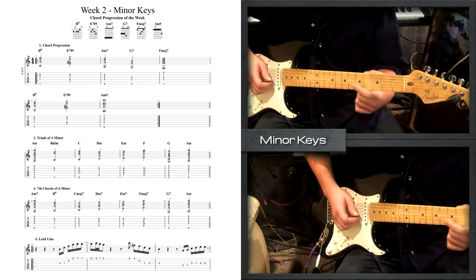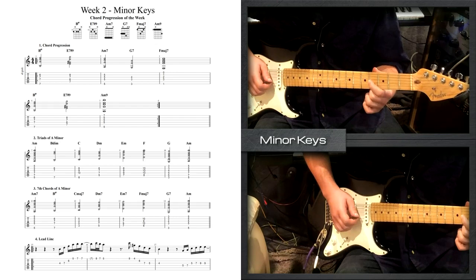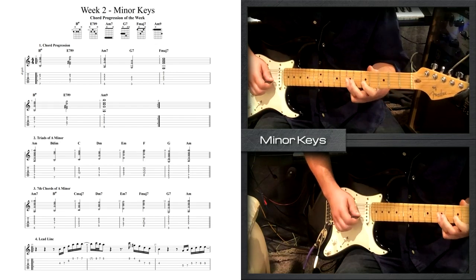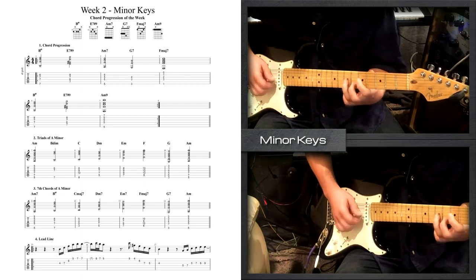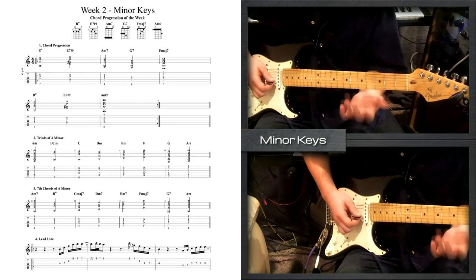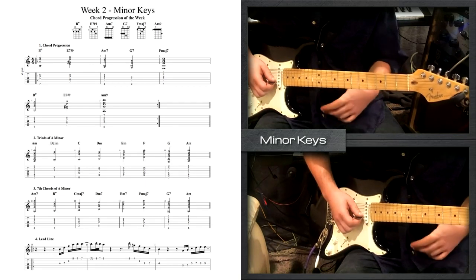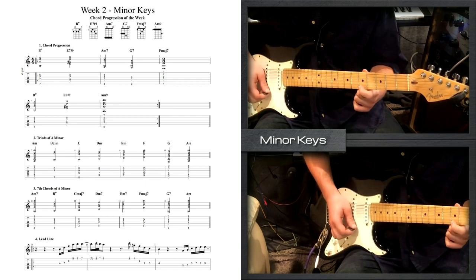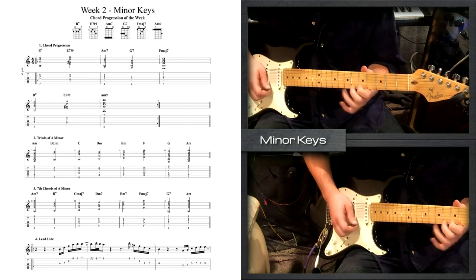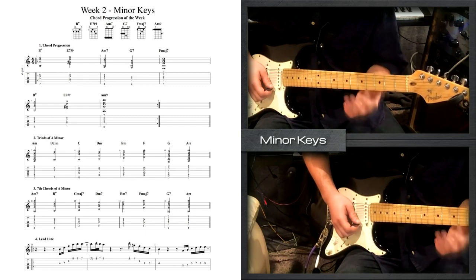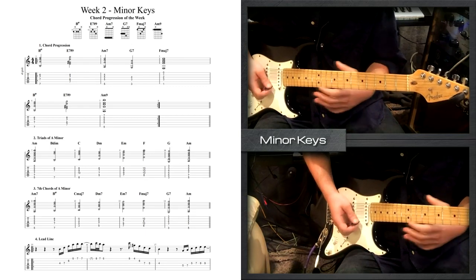So I'm going to use my first finger here on the 4th fret of the G string, go up to here, my ring finger on the 7th fret of the G, then I'm using my middle finger here on the 6th fret of the B string, my first finger here on the 5th fret of the high E string, my ring finger here on the 7th fret of the high E string.